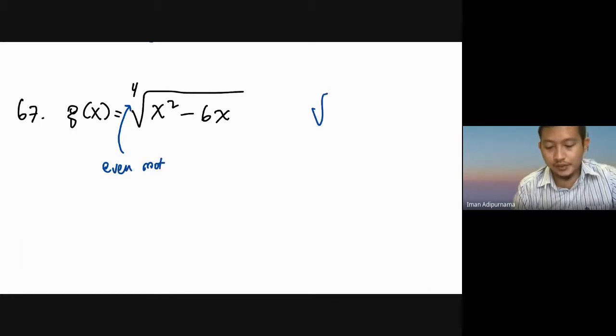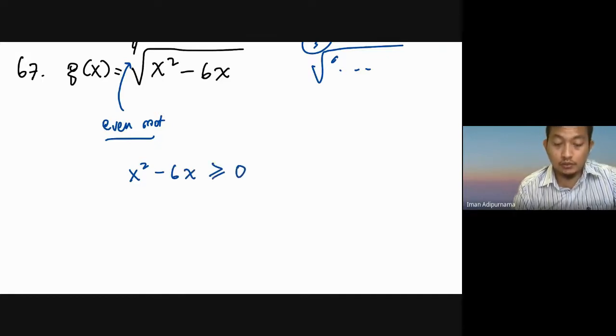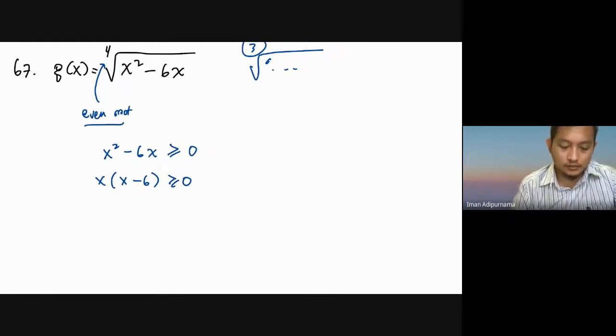It will be a different answer if you have a cubic root. Because it's even, we only need to consider that x squared minus 6x needs to be greater or equal to 0. And then we can think how to make 0 from here, either x equals 0 or x equals 6, right?